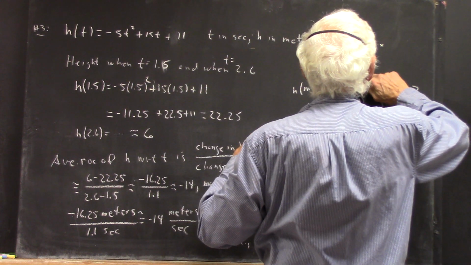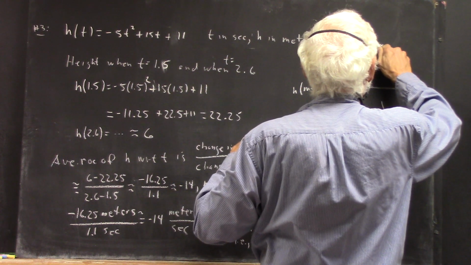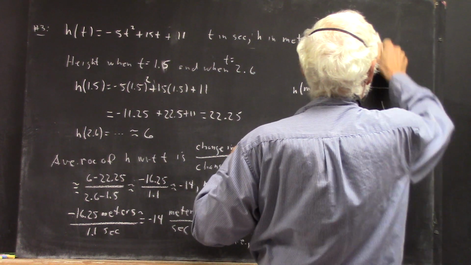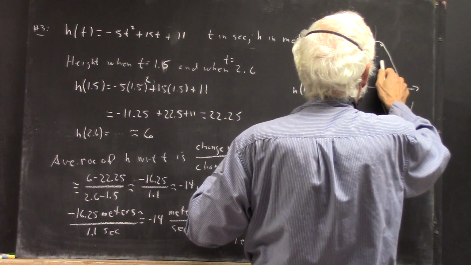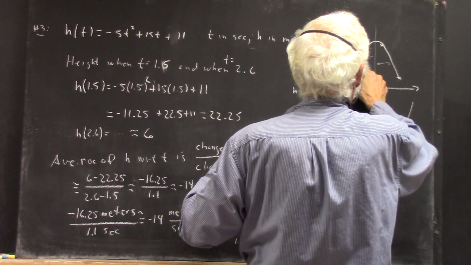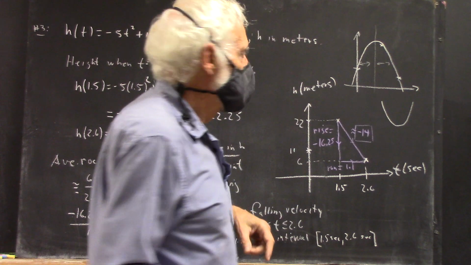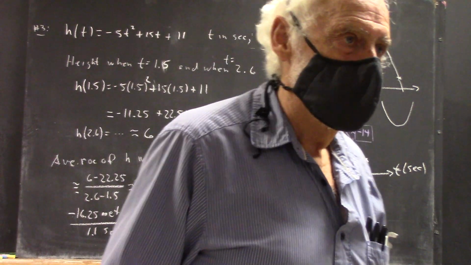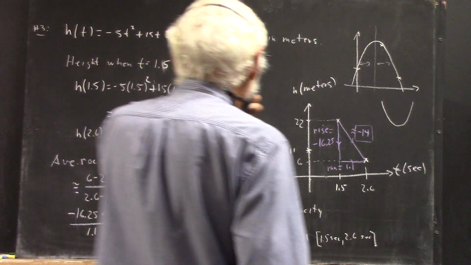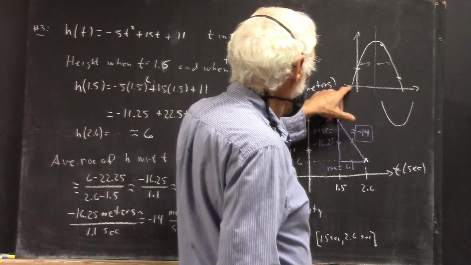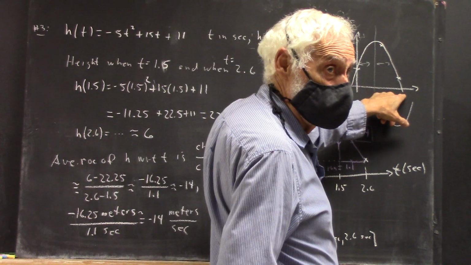The parabola is going to go through here, go a little above here, and come down here. It's going to be symmetric. And it's also going to have zeros here, right?